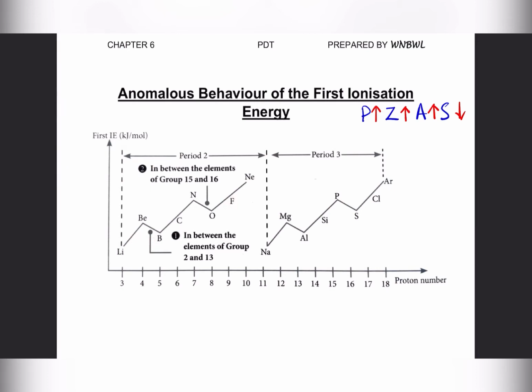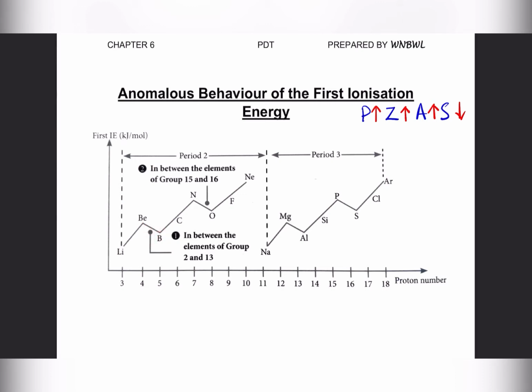But there is anomalous behavior. Maksud anomalous adalah kelainan ataupun something very different ataupun weird. So as you see here, first ionization energy keeps increasing, tapi ada anomalous case for elements between beryllium and boron. Tiba-tiba graf dia menurun.